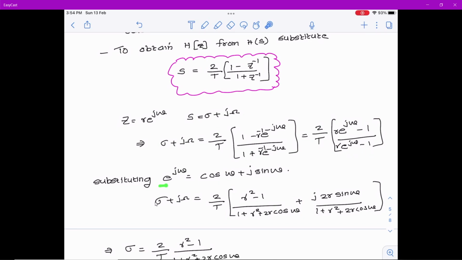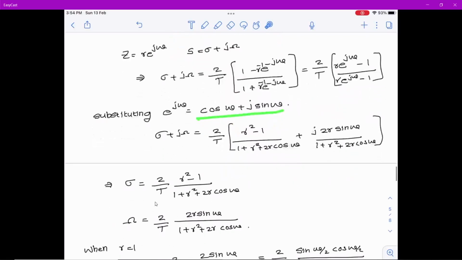Now we know that e raised to j theta is cos theta plus j sin theta. So e raised to j omega is cos omega plus j sin omega. So sigma plus j omega will become 2 by t. You can expand this r e raised to j omega, multiplying denominator and numerator by the conjugate of the denominator.